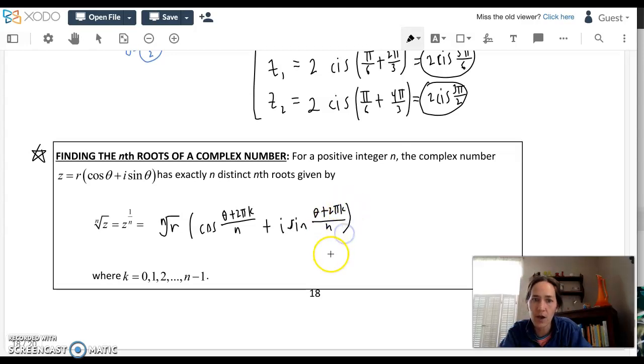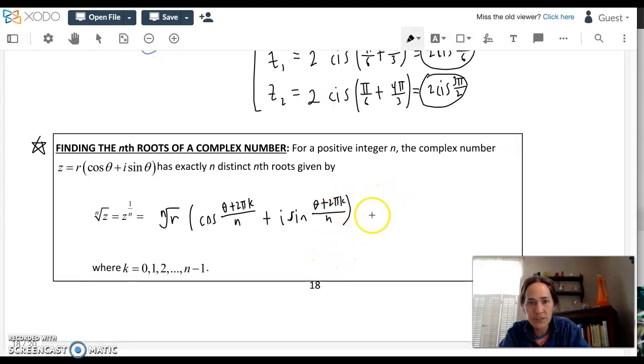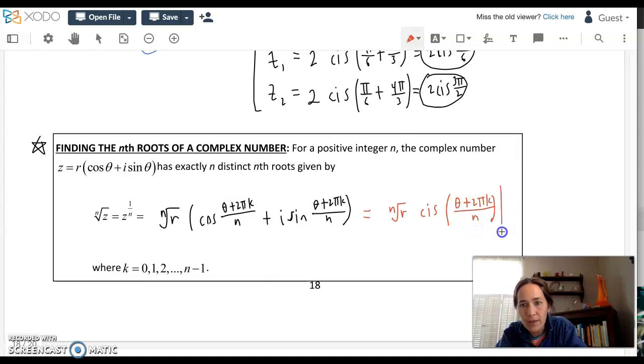To close things off. Now, feel free in your notes to continue using the shorthand format with cis, right? I'll just write this in 2 forms. It would still be the nth root of r, abbreviation for cosine plus i sine, and your angle is going to be theta plus 2 pi k, we'll talk about k in a second, divided by n. So either version of that is going to be okay.